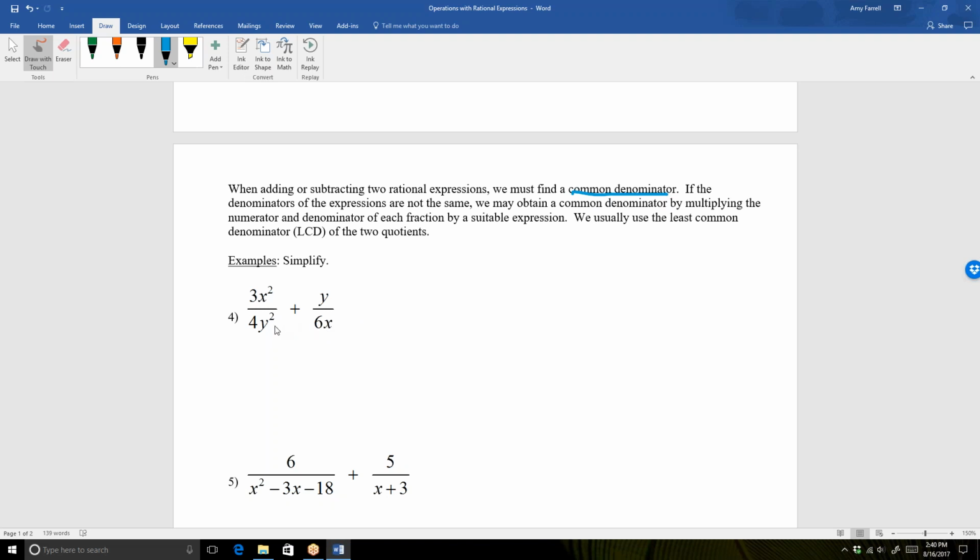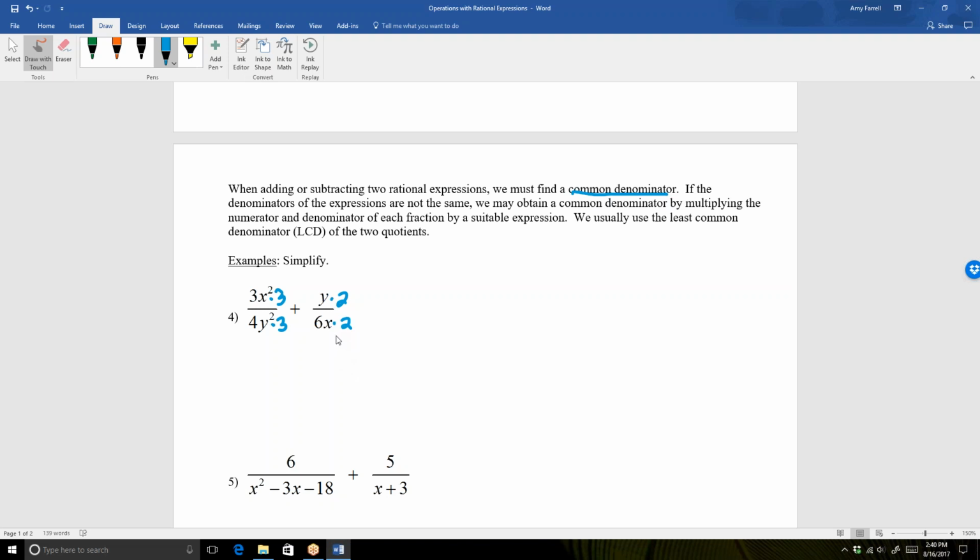I'm going to have to simplify later. So I'm going to use 12, and I'm going to have to multiply this rational expression by 3 over 3. Whatever I multiply the denominator by, I also need to multiply the numerator by that same number.